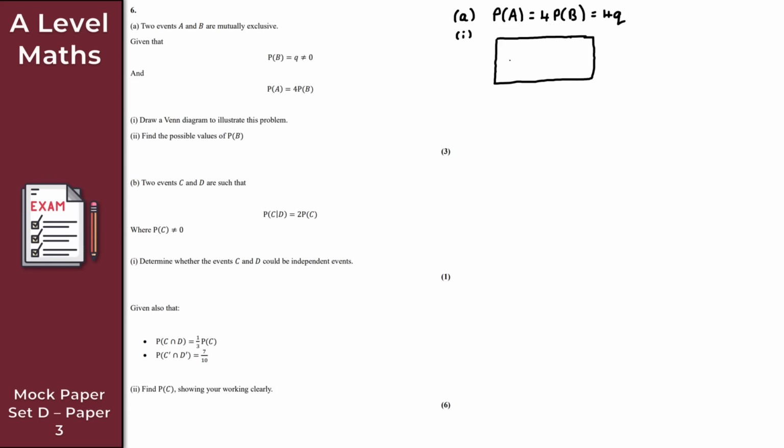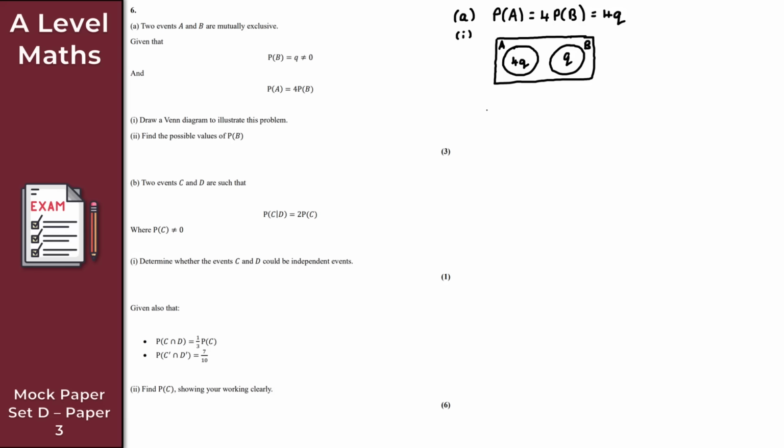So we'll have 2 events, A and B. So that there will be A, and then this here will be B. Something like that, right? I've got A and B, like so. As I've already noted here, the probability of A is 4Q. So I'll drop that in the circle, like so. And then for the probability of B here, that's just simply Q, right? And we get the following. So nice and easy there for A part 1.